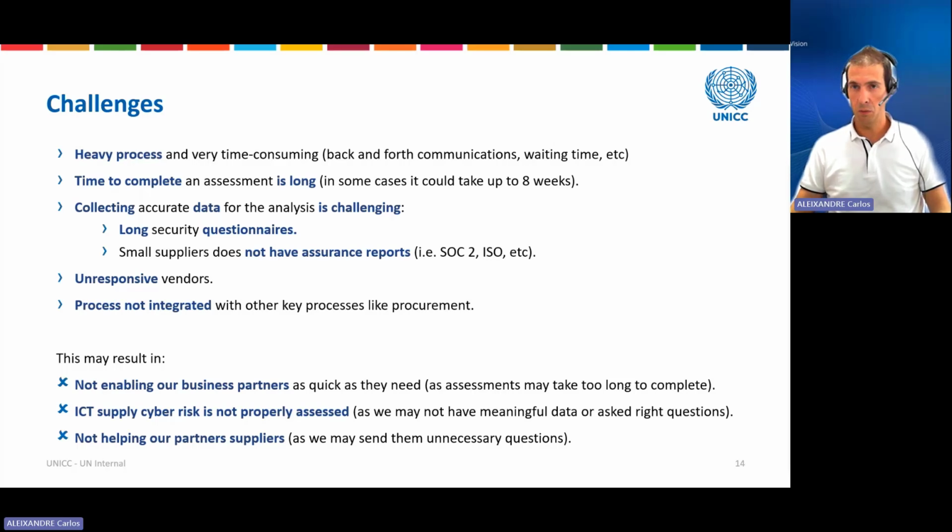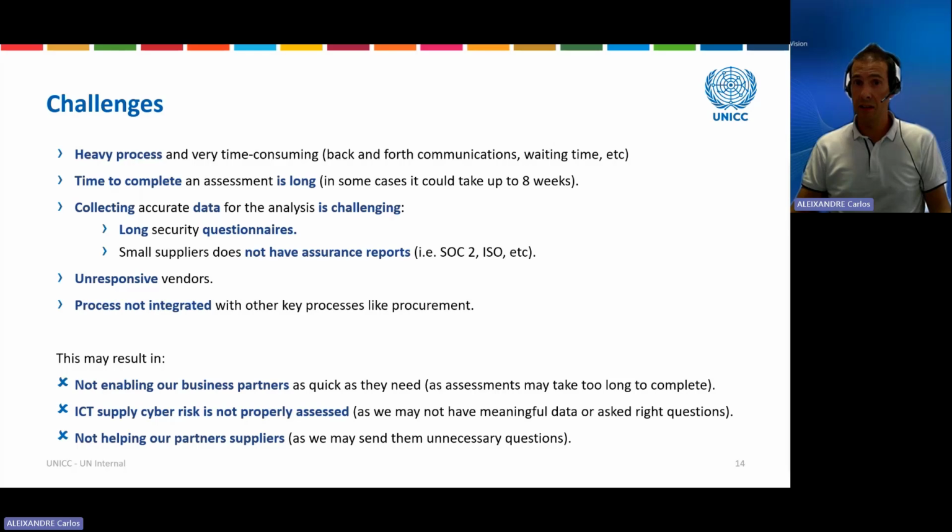So the best practice, wherever possible, is to look at the SOC 2 Type 2 report. Then you can complement, of course, with a security questionnaire for any gaps or any security requirements that maybe are not in the SOC 2 Type 2 report. But assurance is given in the SOC 2 Type 2 report. The security questionnaires are self-attestation.